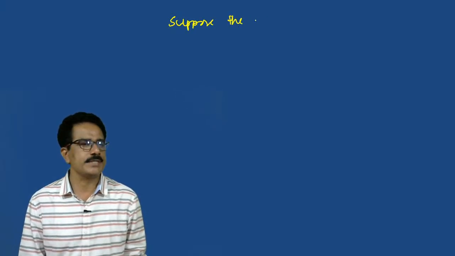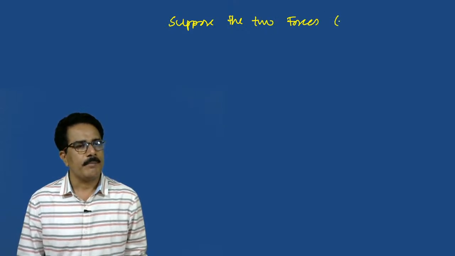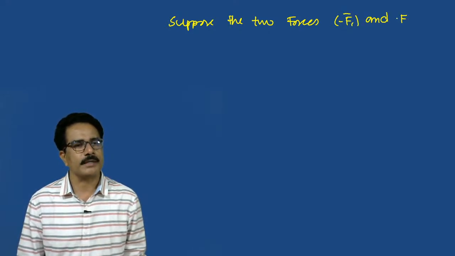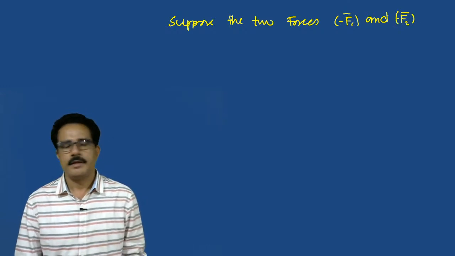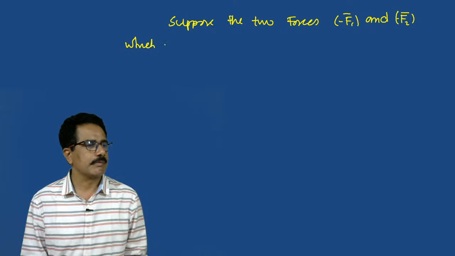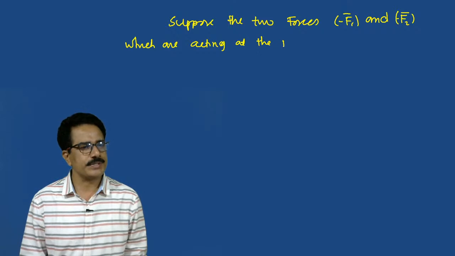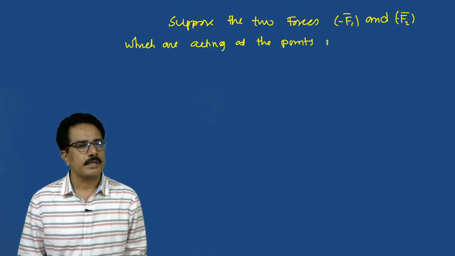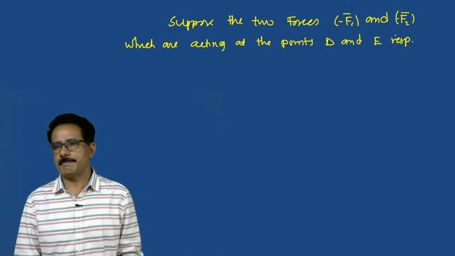Okay, suppose the two forces minus F1 bar and minus F2 bar, which are acting at the points D and E respectively.